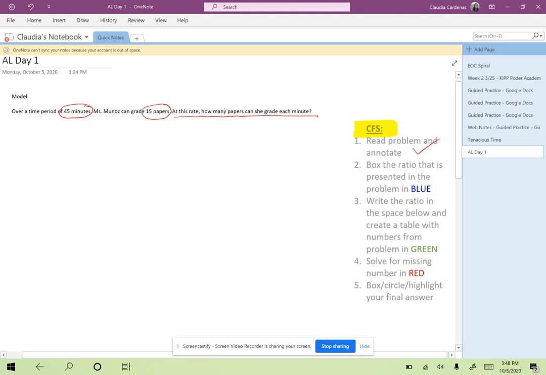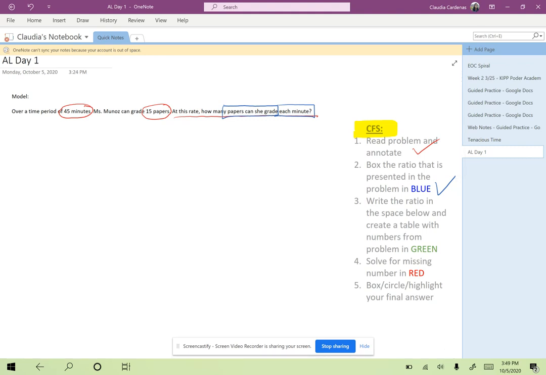And I'm going to go ahead and box that they want to know the papers that she can grade each minute. So here is my ratio in blue. Sorry, that looks messy. I'm doing it in two boxes to show that there is a box for the papers that she's grading and a box for the minutes.